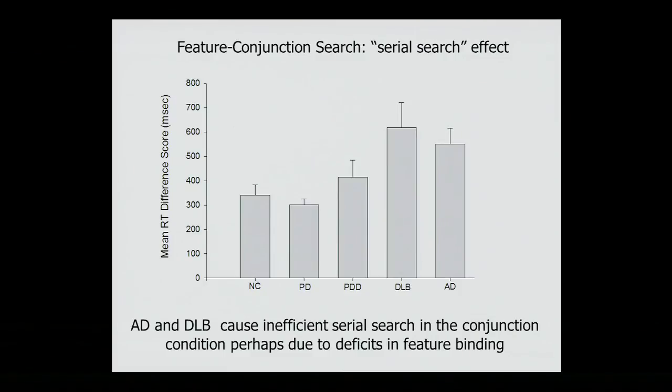That's done here. So you can see that difference is much greater in DLB or dementia with Lewy bodies and Alzheimer patients compared to normal controls or the other Parkinson groups. So it looks like Alzheimer's disease and dementia with Lewy bodies cause inefficient serial search in the conjunction conditions, perhaps due to deficits in feature binding.